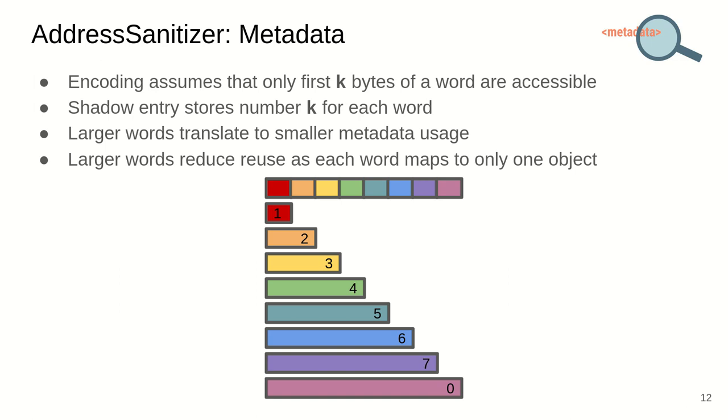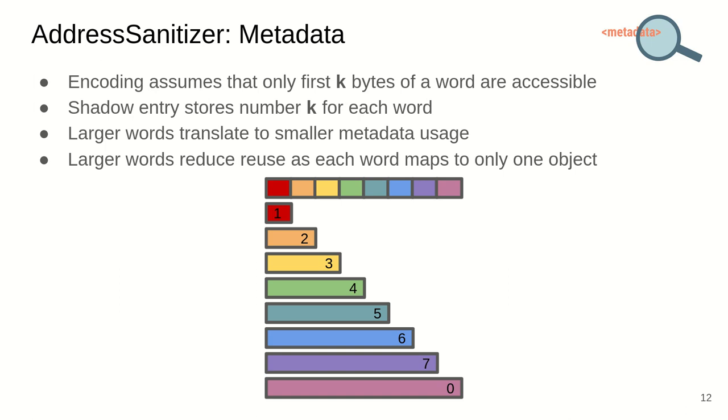But larger words reduce reuse, as each word maps to only one object, right? So this is the downside of it. If you use larger words, we have a smaller address space, but we also have less reuse, because there can only be one object in one of these chunks, right? So this is a trade-off you have to make.